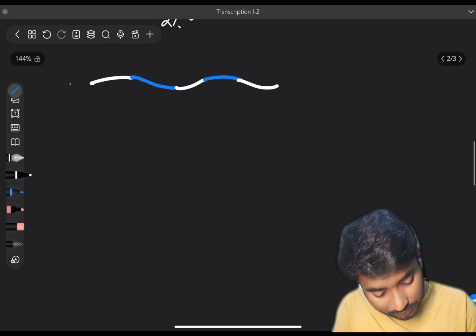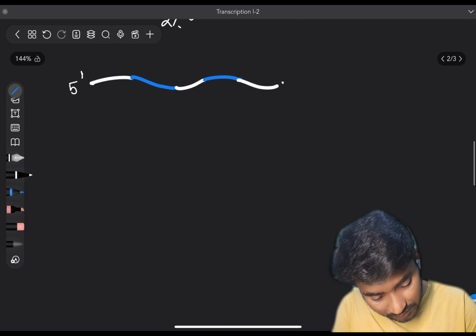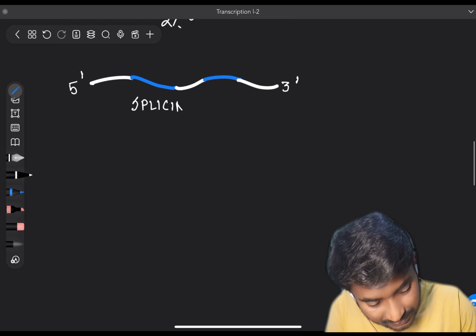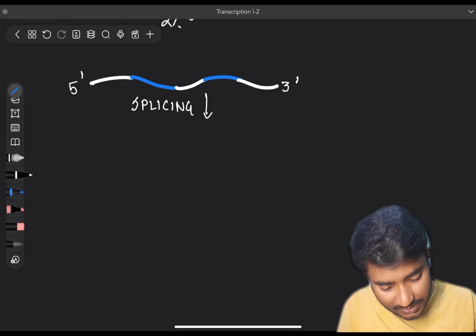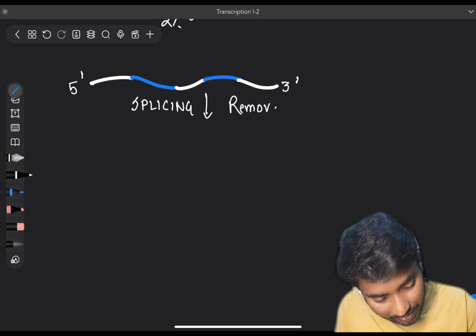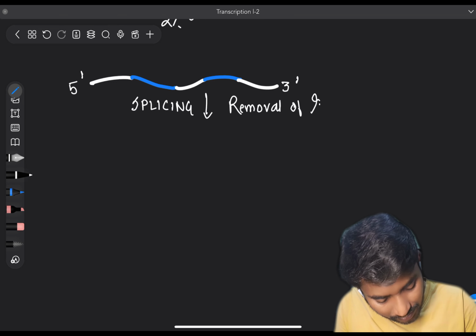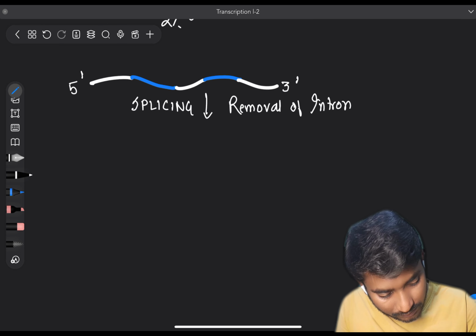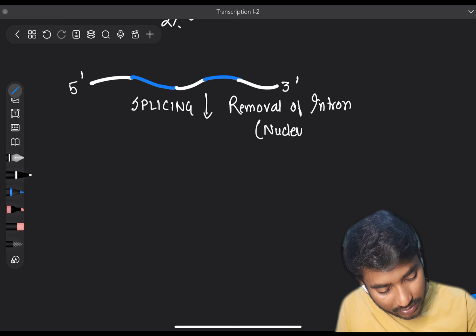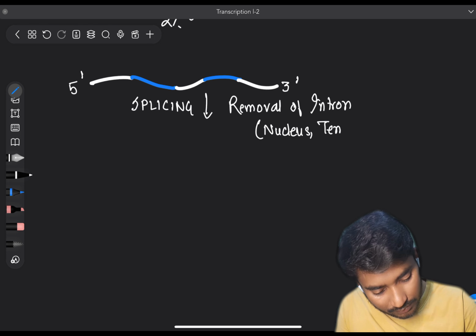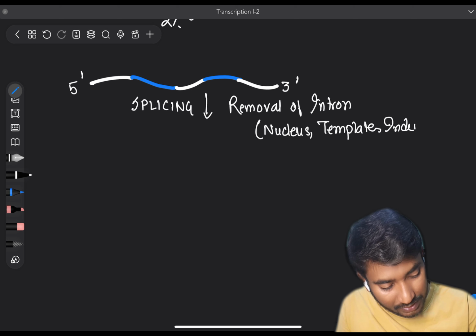This is the 5' end and this is the 3' end. Splicing means making it in fragments. By splicing, removal of intron happens. Intron is the non-coding part, and the intron is removed template independent.